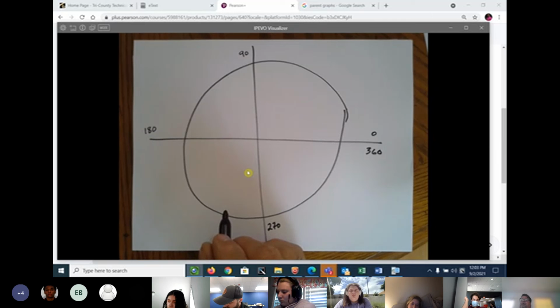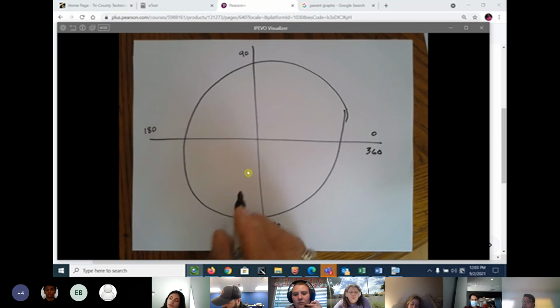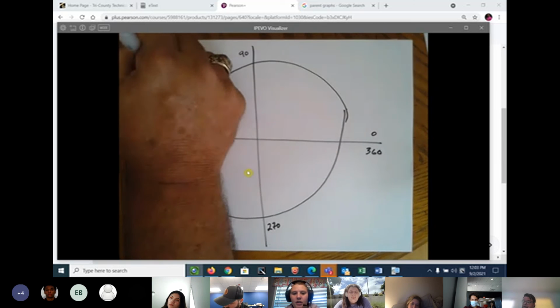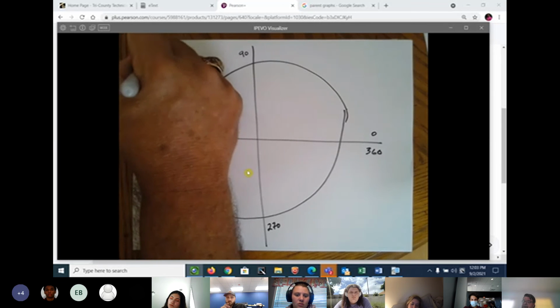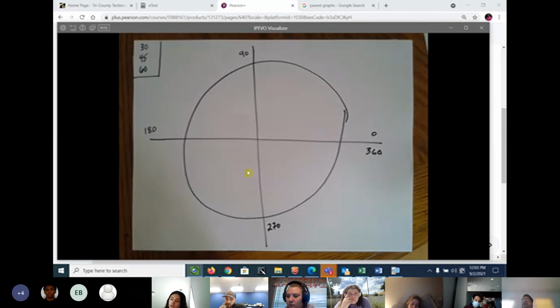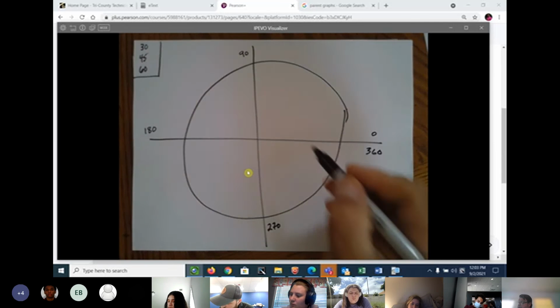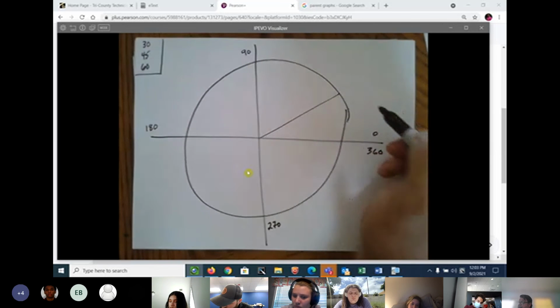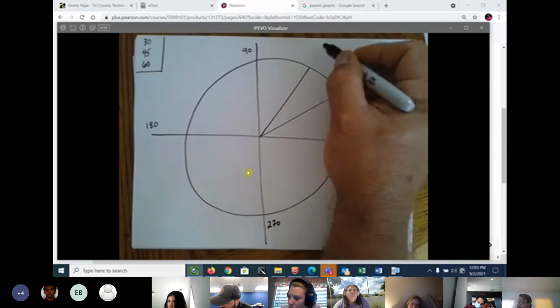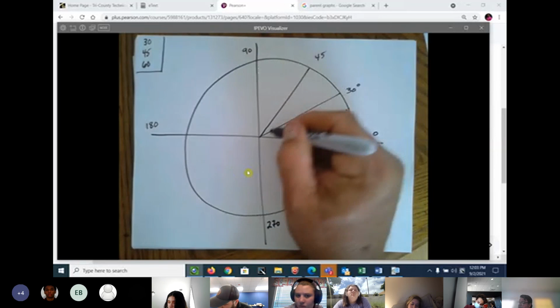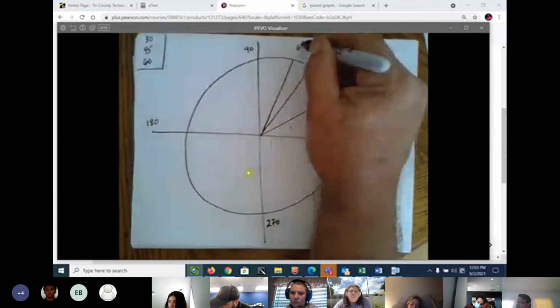Can anybody tell me what those 3 special angles are? 30, 45, and 60. Those are your 3 special angles. So put those in there. 30, 45, and 60.